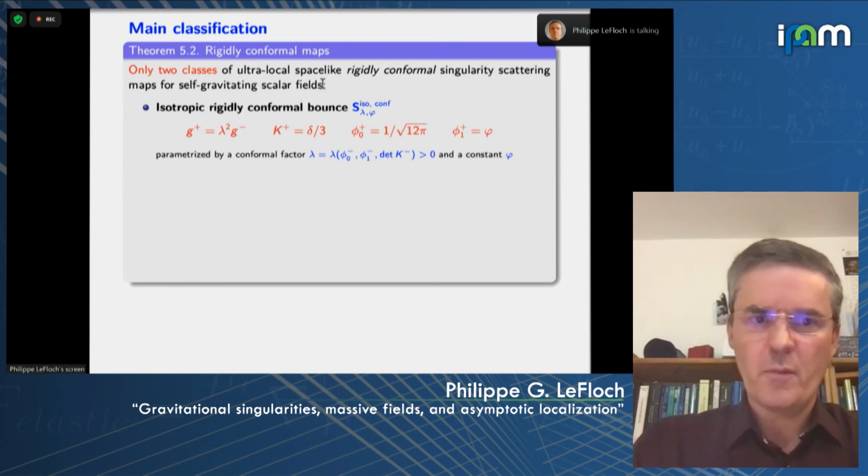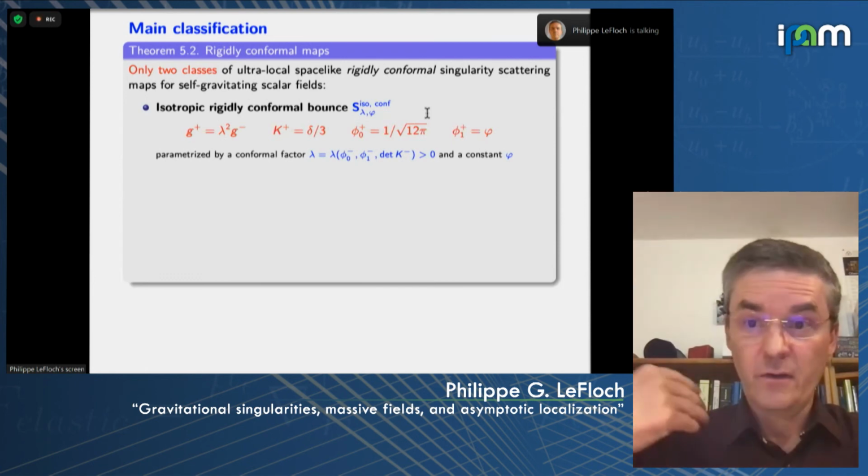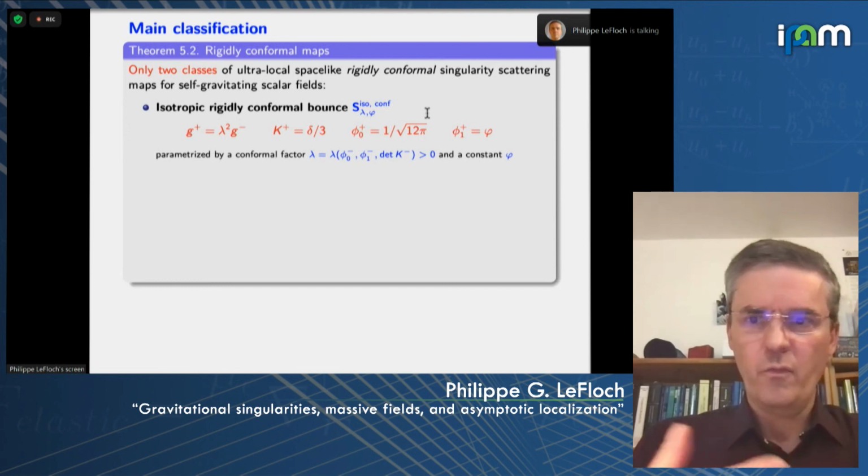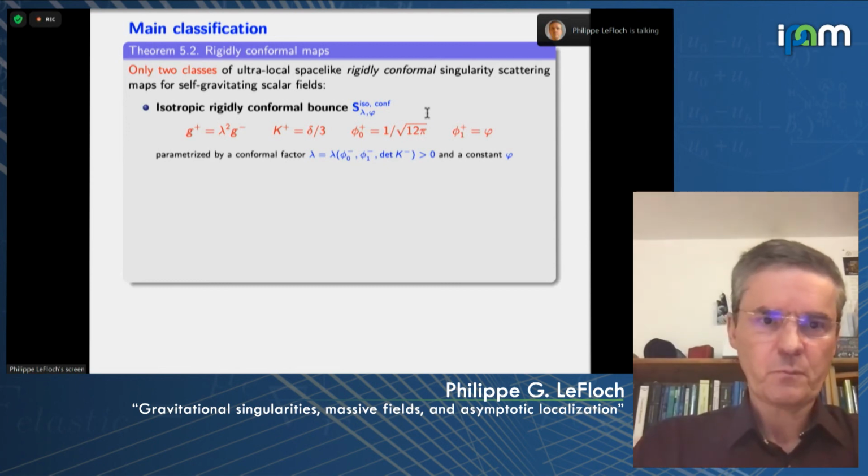If you do other matter fields, you have to slightly modify the description here. So the first class, we call it isotropic rigidly conformal bounces. And the metric after the singularity is a conformal factor times the metric before. The conformal factor depends on the matter variables before and the determinant of the expansive curvature.